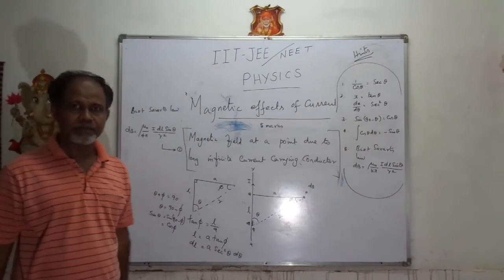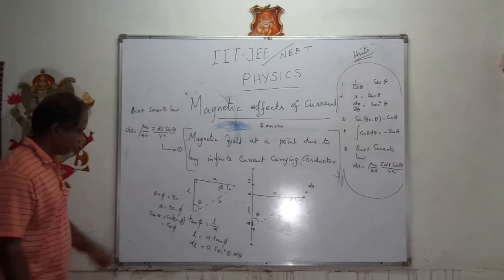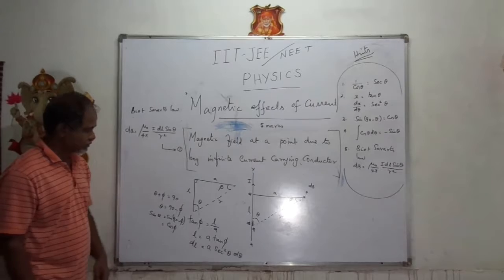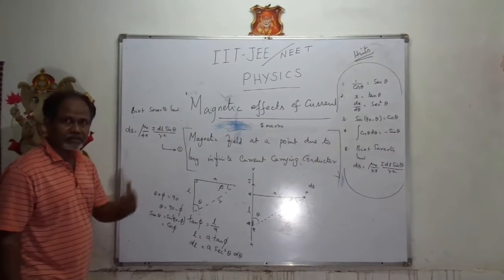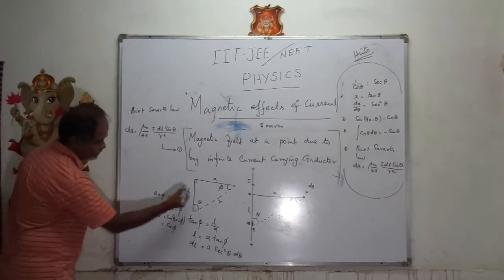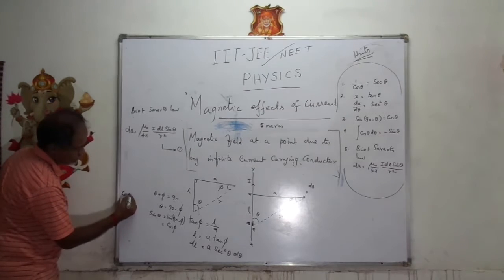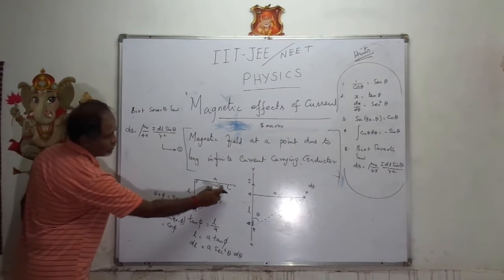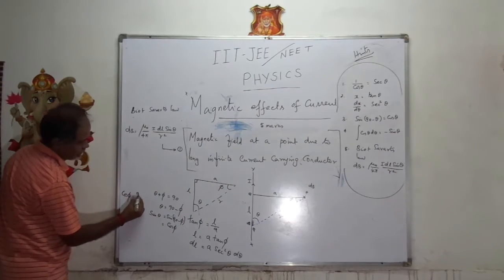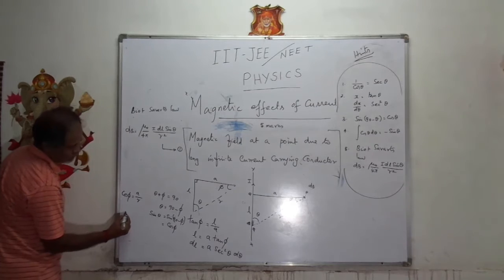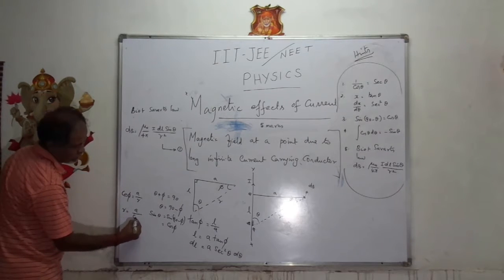Now consider another thing from the same triangle. First of all, find cos phi. Cos phi is the adjacent side A by the hypotenuse R. Then R is equal to A by cos phi.